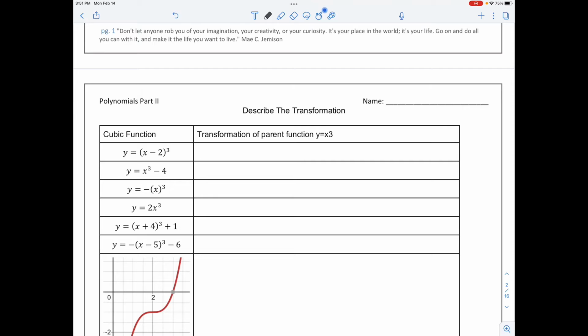So let's look at how we would describe the transformation, recalling what we did with quadratic and absolute value functions. Remember, what's inside the parenthesis always lies to us. So this minus 2 will actually move the function 2 units to the right.